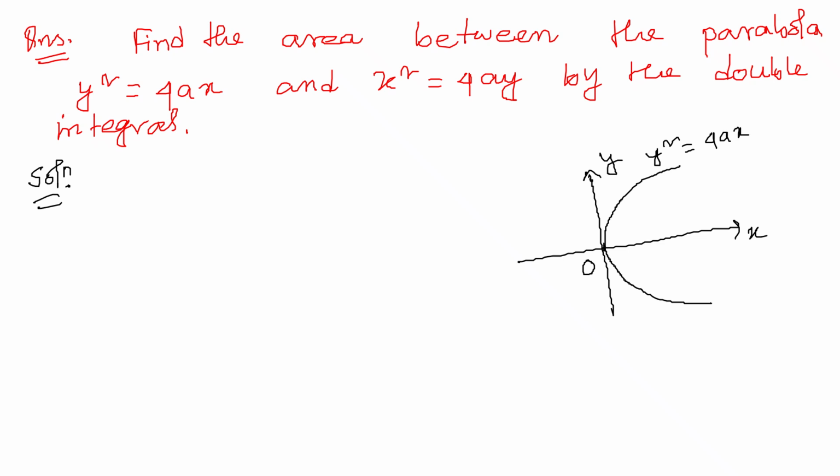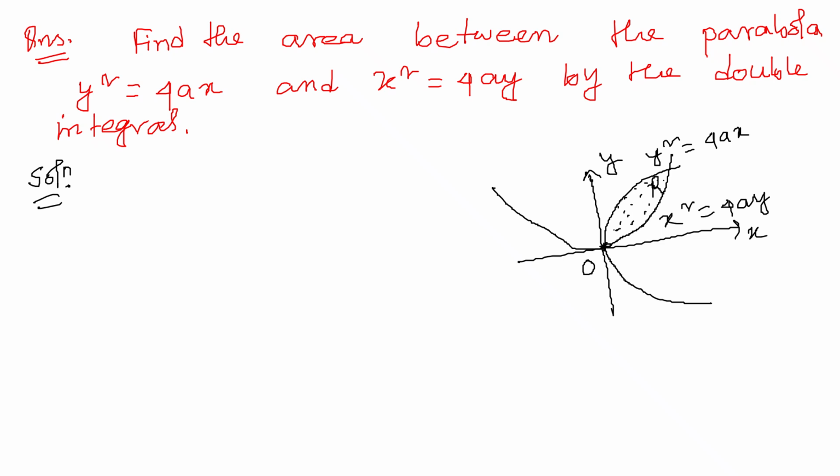Next one is x square is equal to 4ay, which looks like this. These two parabolas enclose or bound this region. It is clearly showing the bounded region, bounded by these two parabolas. So the region is R. We are going to find out this area by using the double integration.